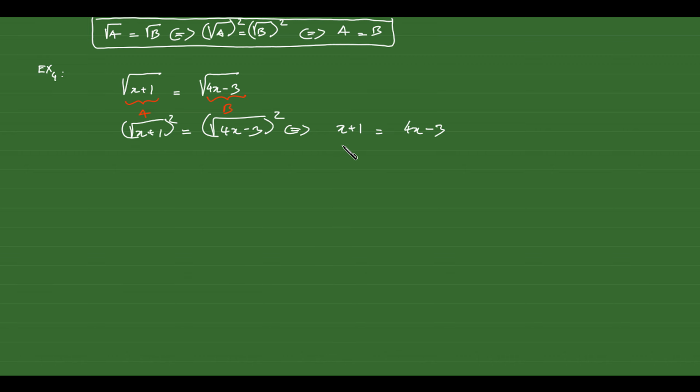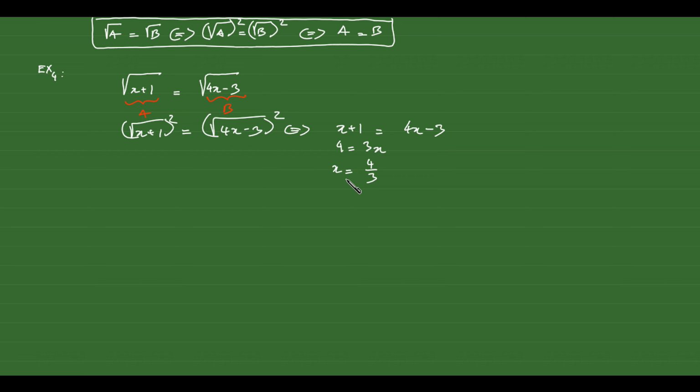We subtract both sides by x, then we add both sides by 3, so we get 4 equals 3x. Then you divide both sides by 3, so you have x equals 4 over 3. And if you plug it in, let's see if it works out. So 4 over 3 plus 1 is 7 over 3.